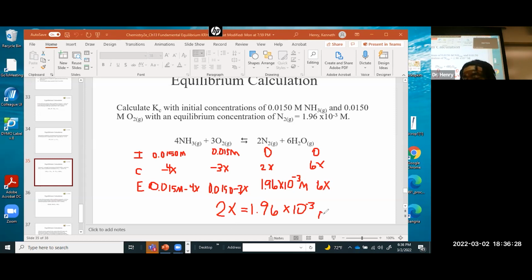Okay, so let's go ahead and solve for x. So we get x equal to 9.80.